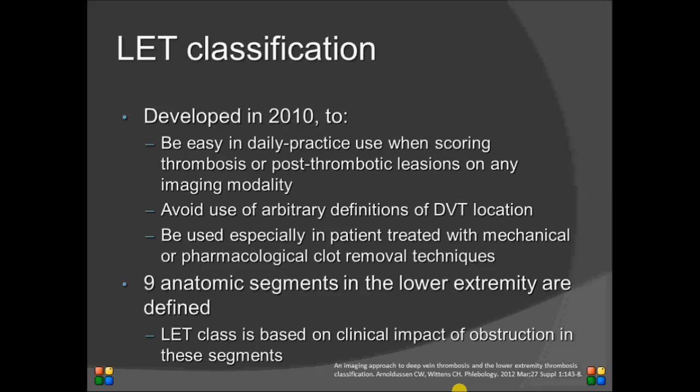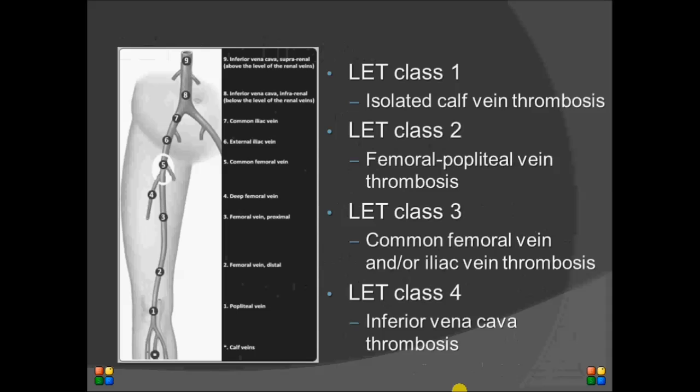And on a theoretical basis, we made the LED score in 4 levels, in which one is calf vein thrombosis, which has other therapeutic ranges. You have femoral thrombosis, and LED score 3: then the outflow of the leg is completely impaired, so there's a common femoral vein or a higher occlusion.